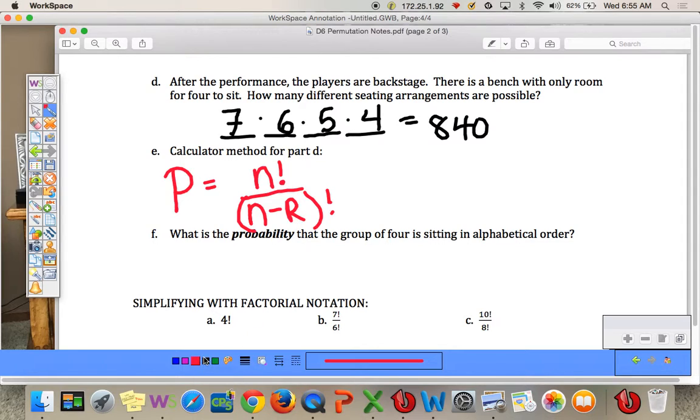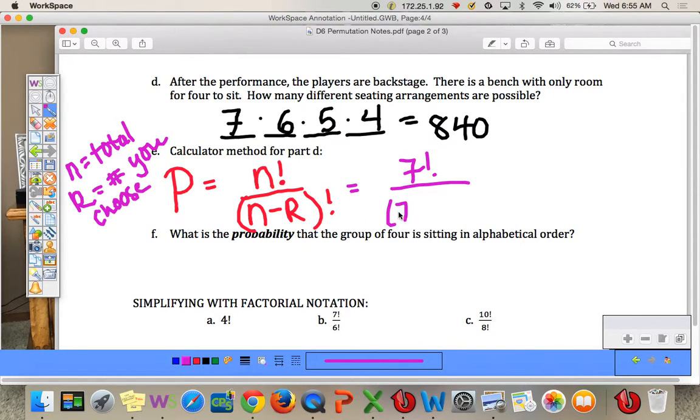What these stand for: n is the total number, and r is how many you're choosing out of. Here we chose 4, so the number you choose. So in this case, it is 7 factorial over 7 minus 4 factorial.